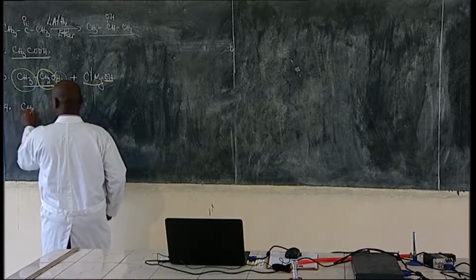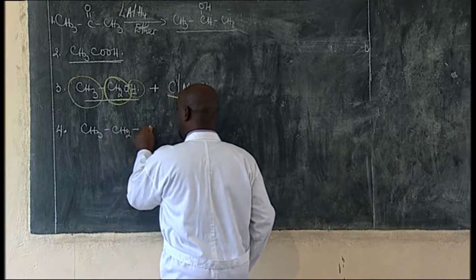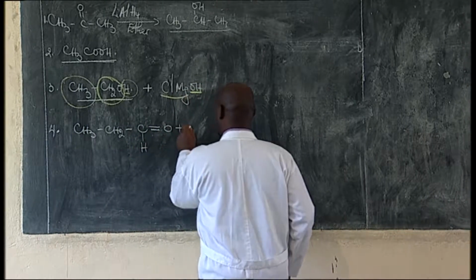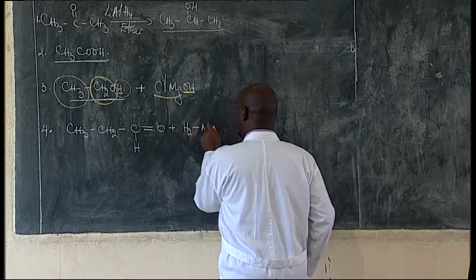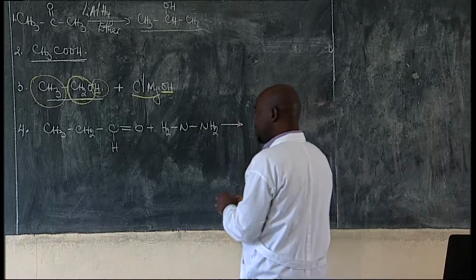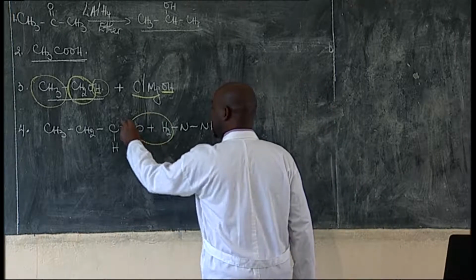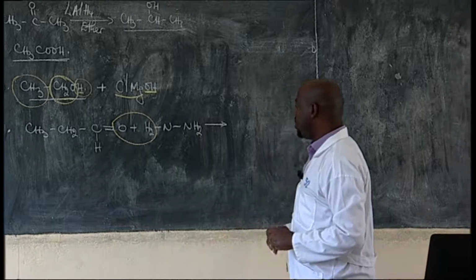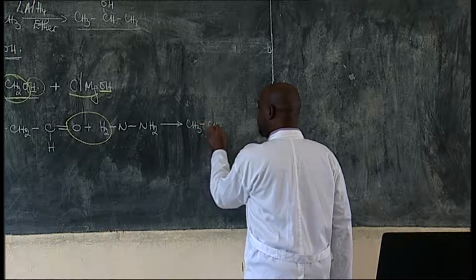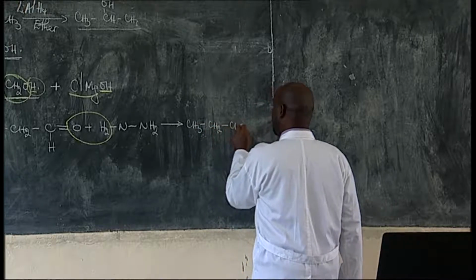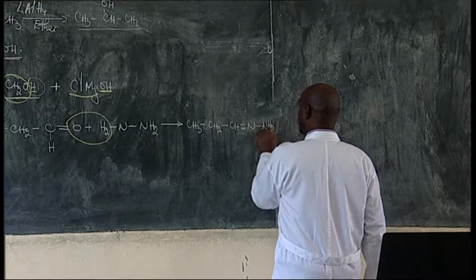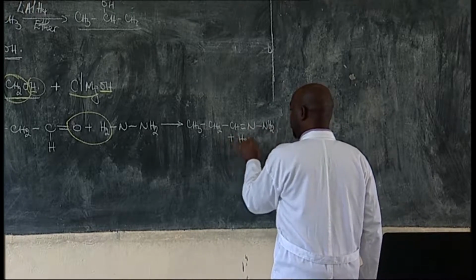We have CH3CH2CHO. I will write it to help you remember what happens. And we add H2N-NH2, and I remember it very well. We did it like this. And we eliminate a water molecule to get this product, CH3CH2CH=N-NH2 plus H2O.